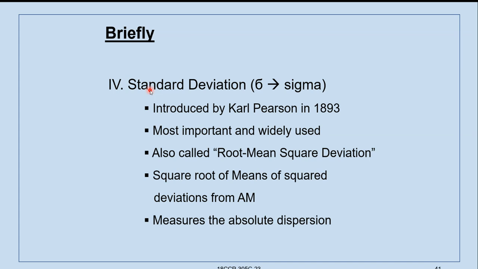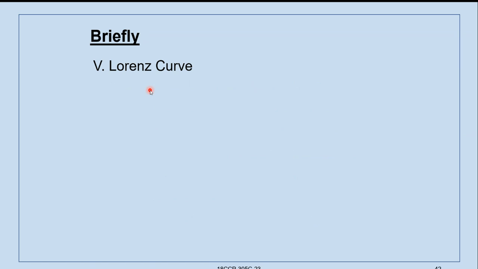Deviations from the arithmetic mean we will take. We have seen the shortcut method in arithmetic mean, where we took an assumed mean and took deviations. Here we will take the real or actual mean and take deviations. It measures the absolute dispersion, right?